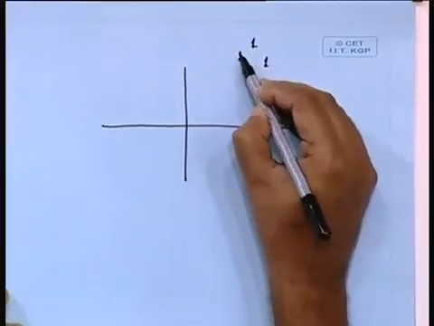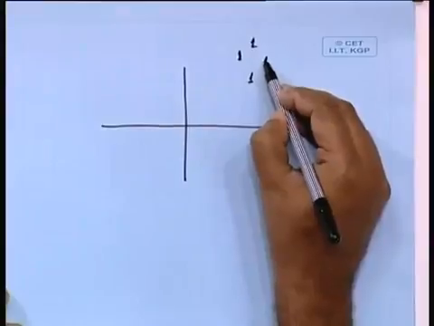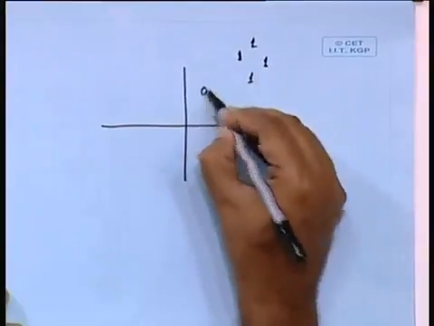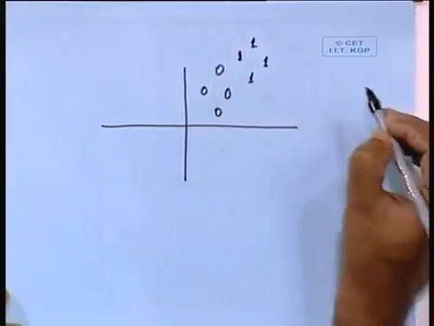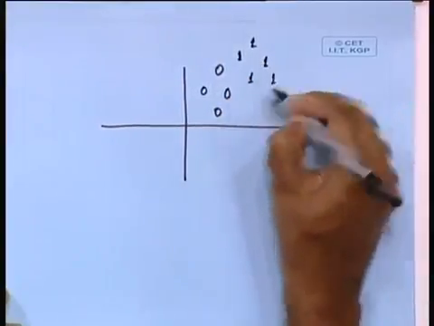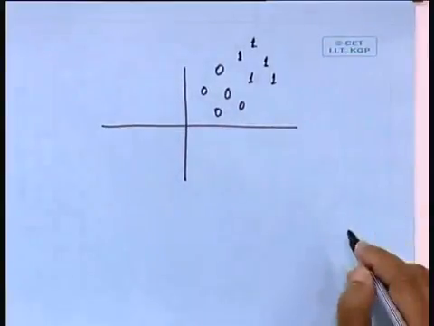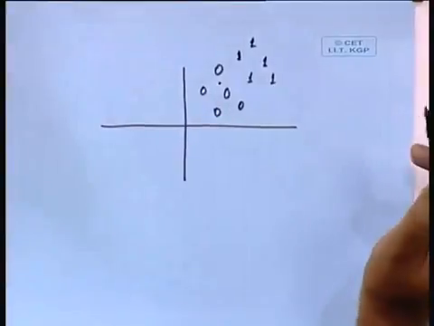For this position of the vector the output is 1, this position the output is 1, this position is 1, maybe for this position the output is 0, maybe for this position the output is 0, maybe for this position the output is 0. So like this I have got many observations. For some we have put it into the 1 class, and for some we have put it into the 0 class. This is what we memorize, and now a test vector is presented to the system, and that test vector, supposing, is at this position.